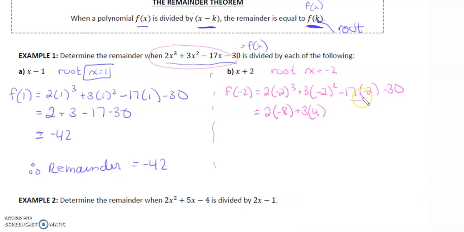Negative 17 times negative 2 is positive 34, and then bring down the negative 30.